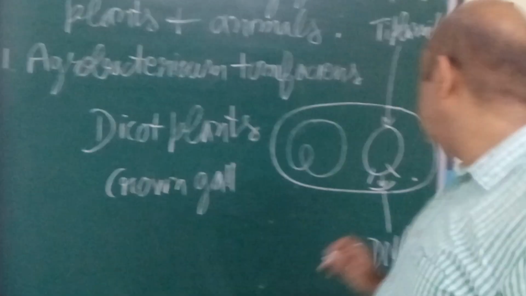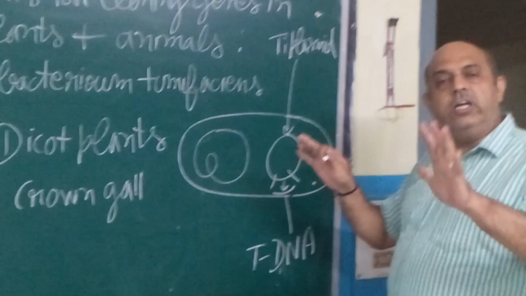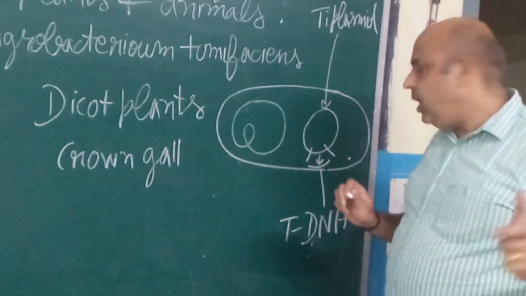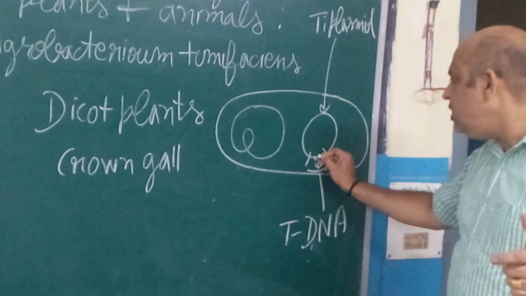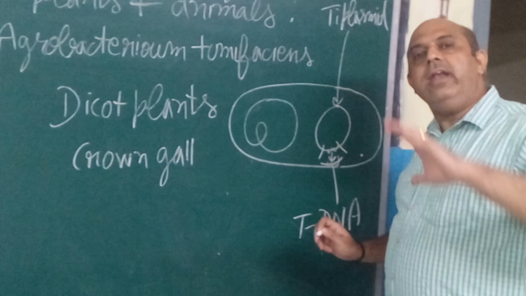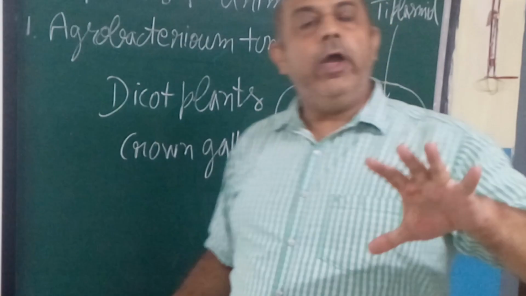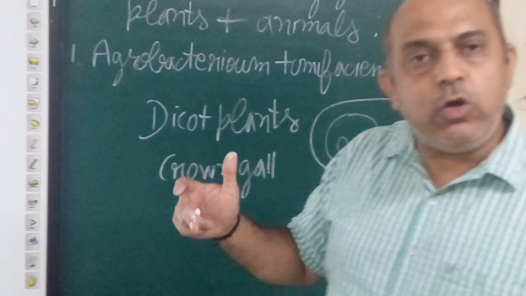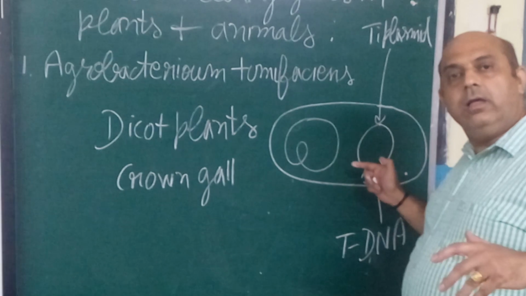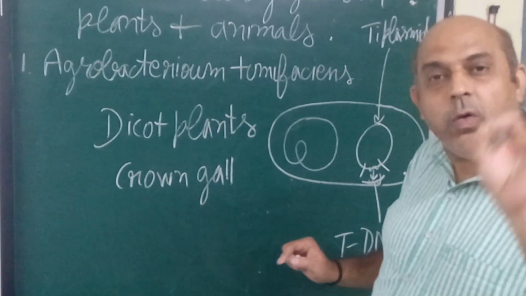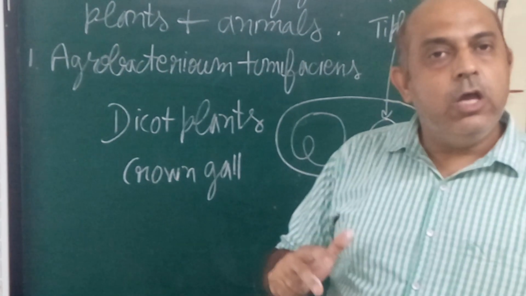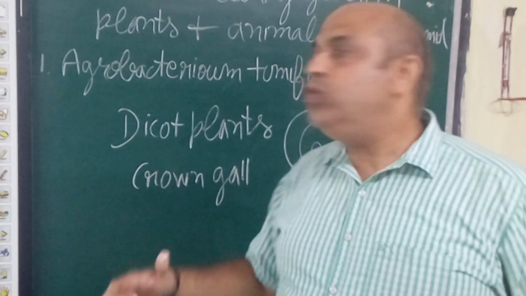Now whenever this bacteria attacks a dicot plant, its tDNA will multiply, and the gene of interest we have transferred into the tDNA will also get multiplied. When this tDNA goes inside the genome of the dicot plant, the desired DNA segment which we have inserted in tDNA will also be incorporated. In this way we can transfer a desirable gene into any dicot plant using the bacteria.